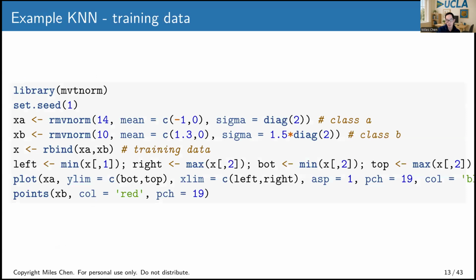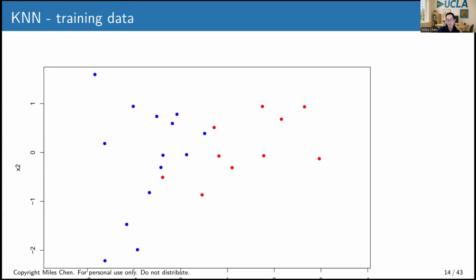Okay. All right. The next series of slides will just show you examples of how k-nearest neighbors would work. Okay. So here is just some pretend training data. All right. I've got two classes, dots in red, dots in blue.